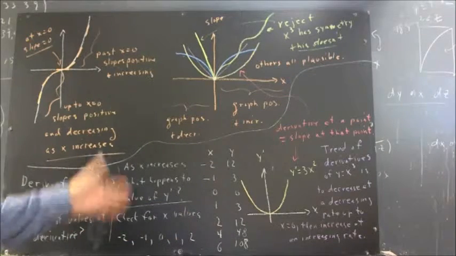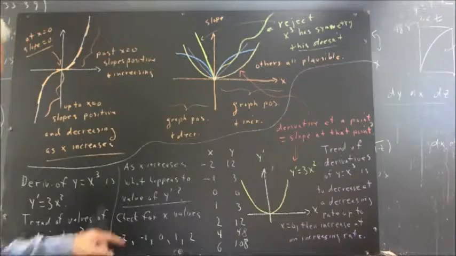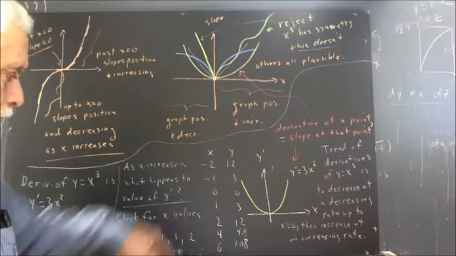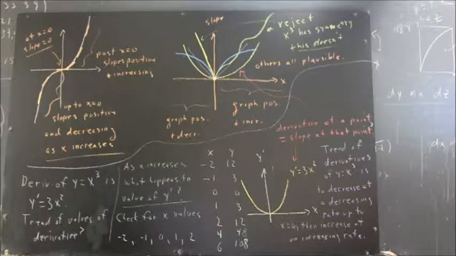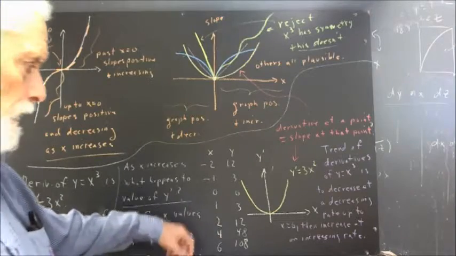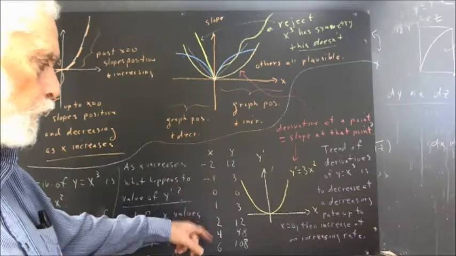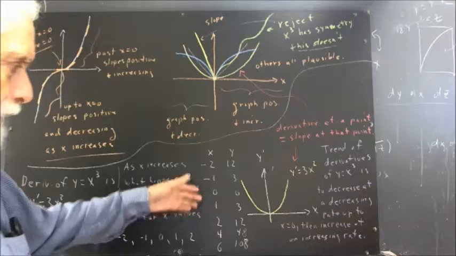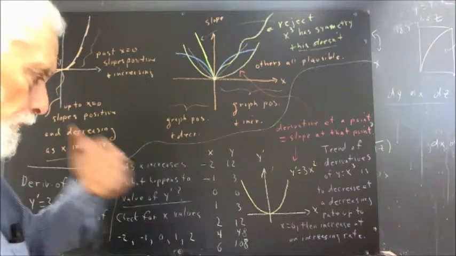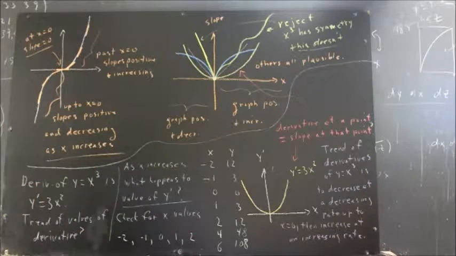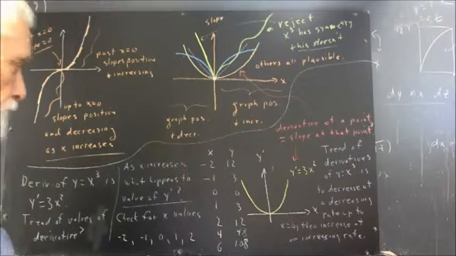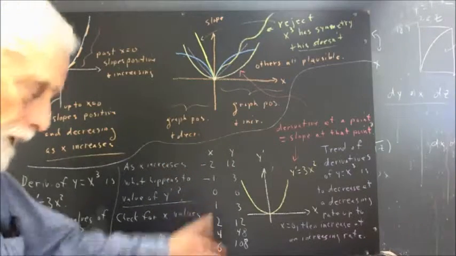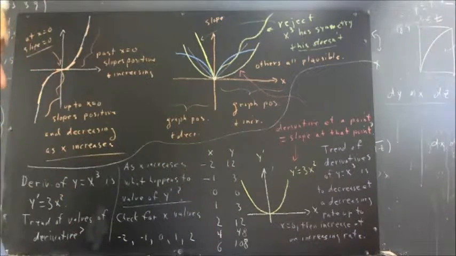I asked people to check some selected x values, and most people selected values like this. One person went out to 4 and 6, maybe from -1 to 6 or something like that.